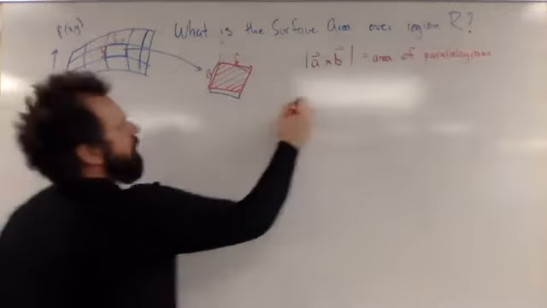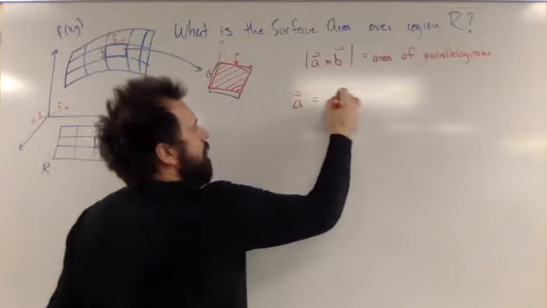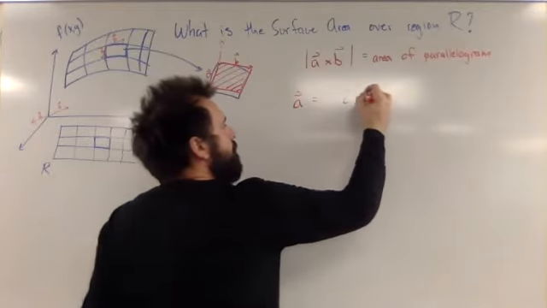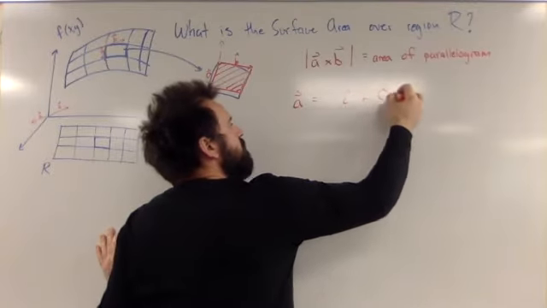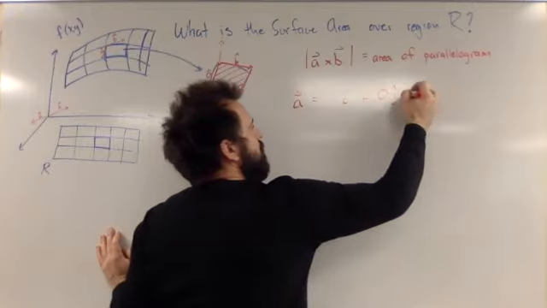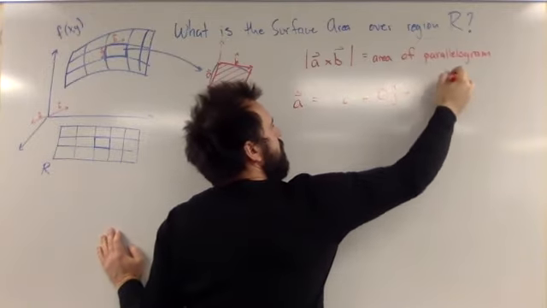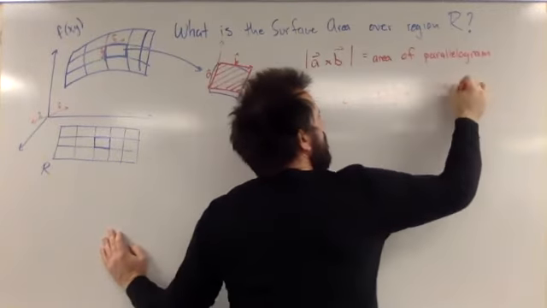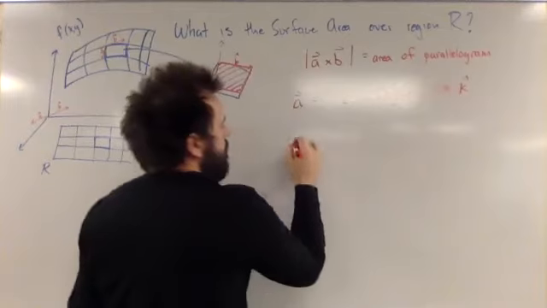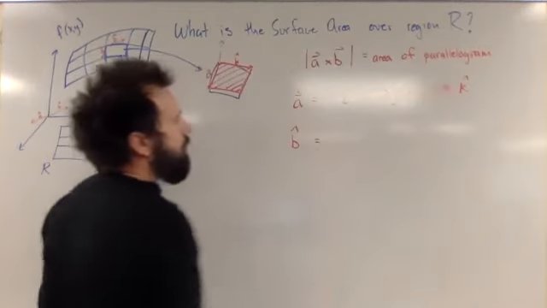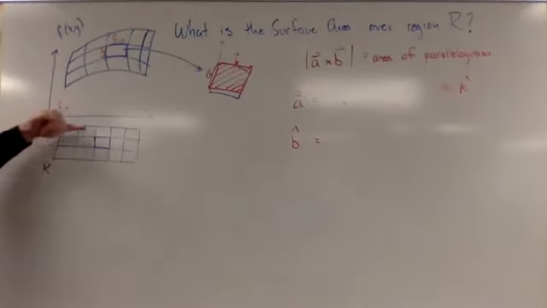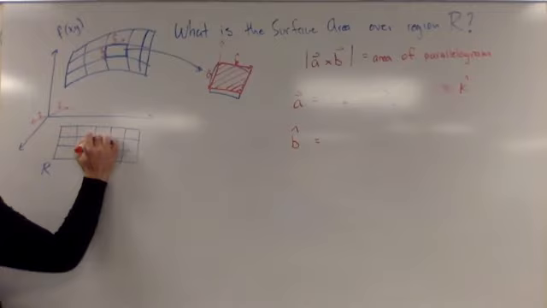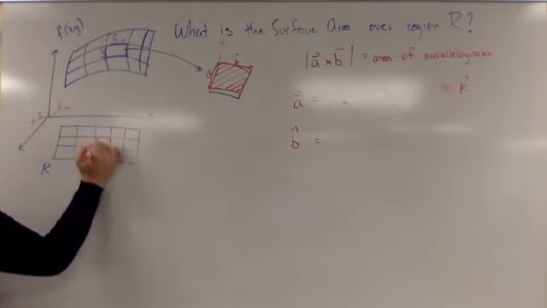So the components for A: I'm going to have some i component, 0 in the y direction, and then some k component. If I look at B, B is here along this direction, right?